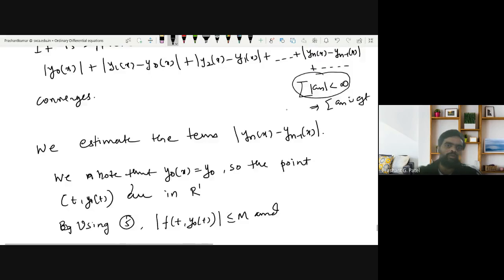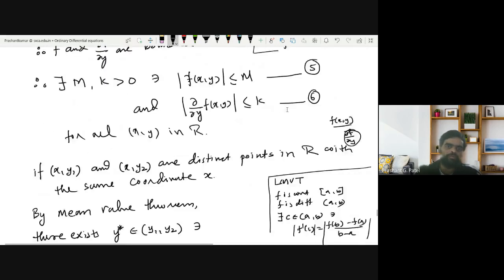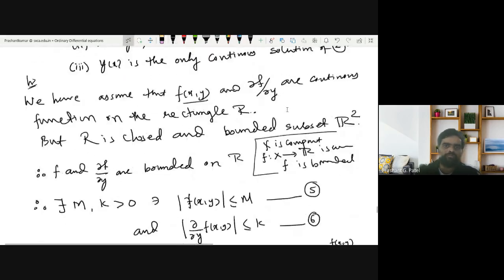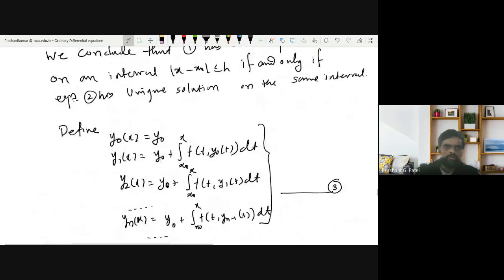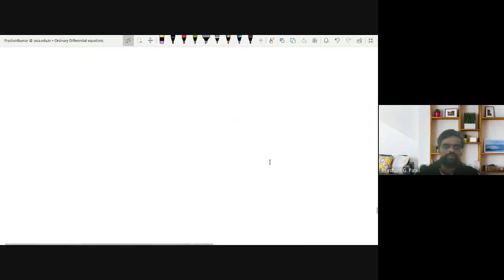According to equation 3, we have y0 plus integration from x0 to x of f of t comma y0 of t. Now minus y0, so let us put the value of y1 here where we are calculating that distance.